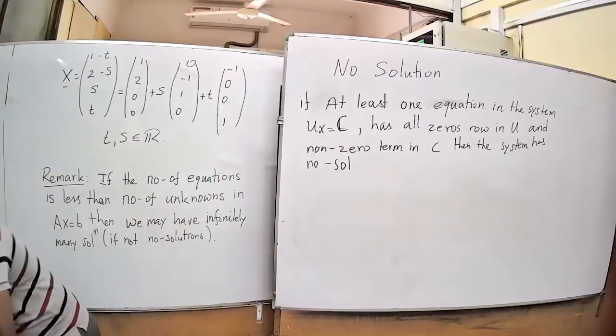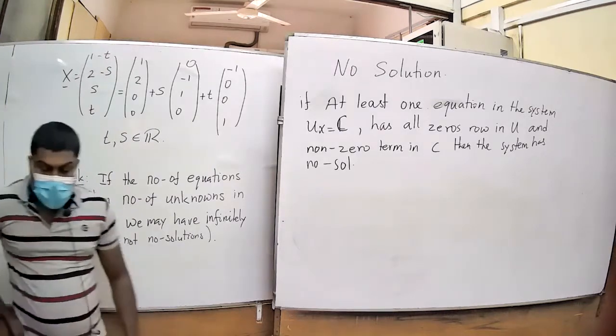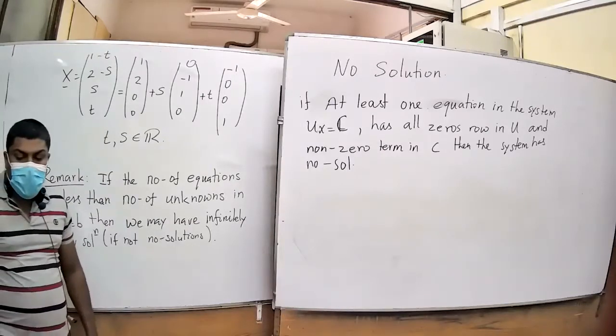In the 2 cross 2 example, when we earlier studied this, we see that a system has no solution, right?